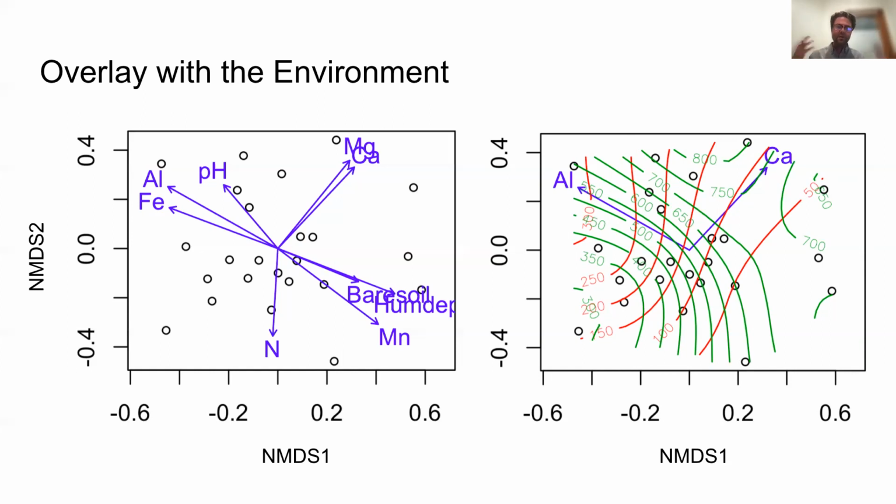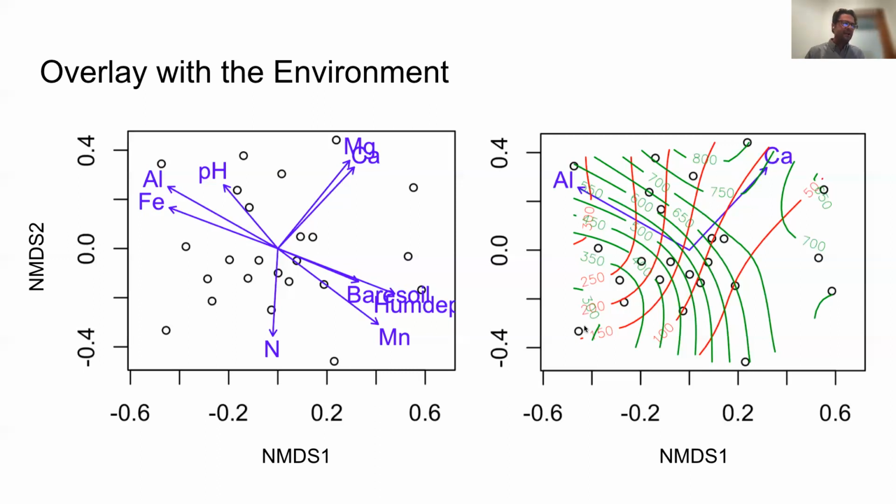So yeah, with really complicated multidimensional data, you need these ways to reduce that dimensionality into something that you can wrap your head around and start describing what the environment is doing and how it's differing across sites. In this case, you can look at this graph and say, okay, let's say calcium is green.